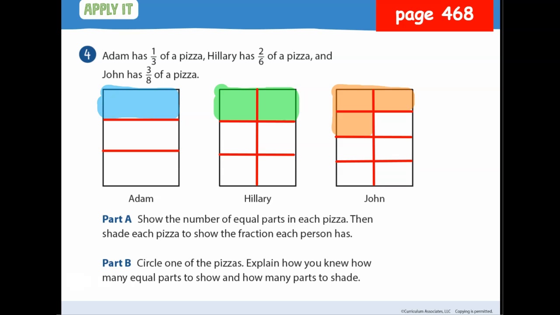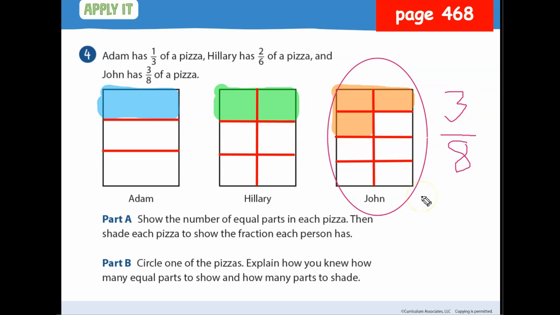It says circle one of the pizzas. Explain how you knew how many equal parts to show and how many parts to shade. So, for example, look at this one right here. And this was 3/8.